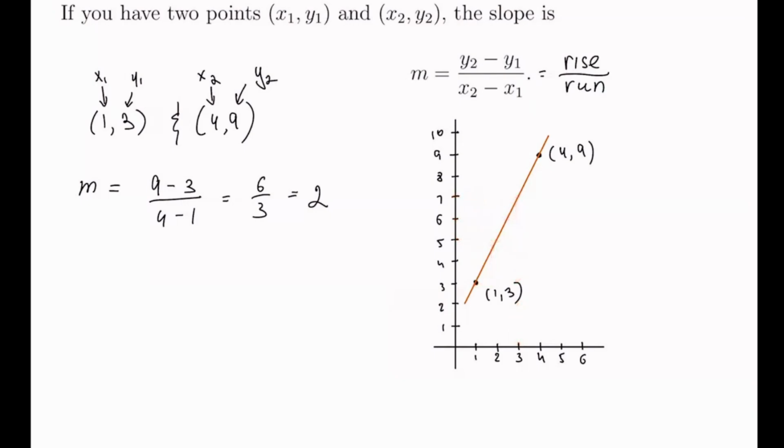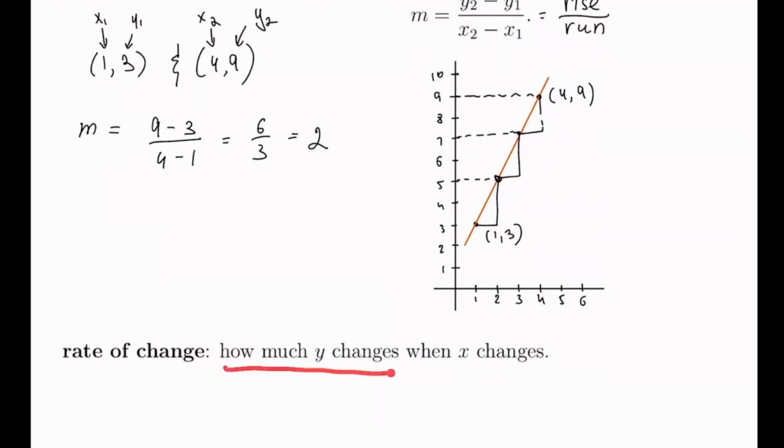So we are essentially moving like this. So that's pretty straightforward. Thus, slope is really just a rate of change, how much y changes when x changes.